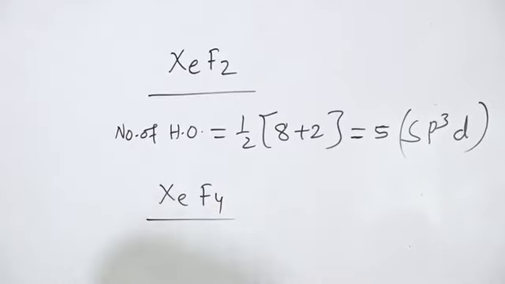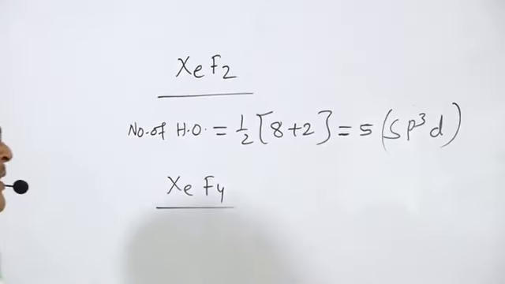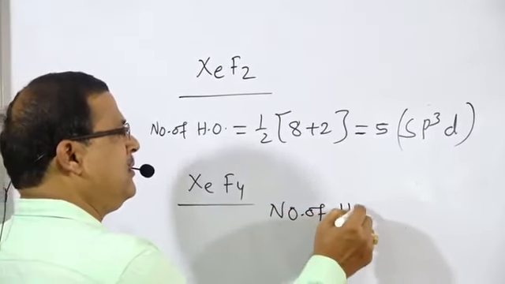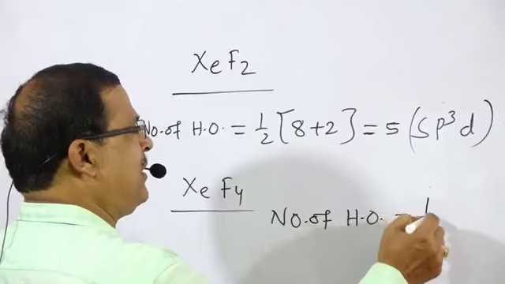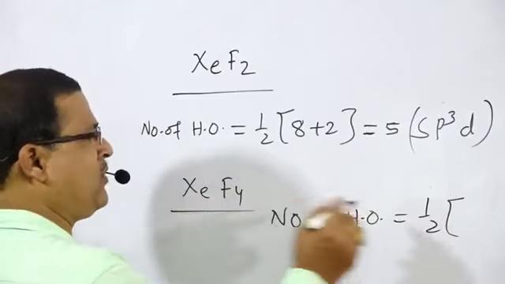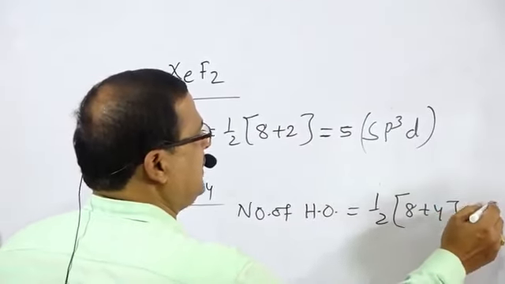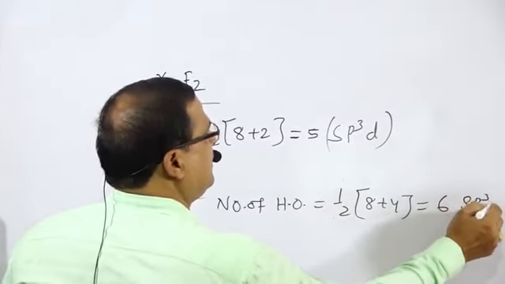Xenon tetrafluoride, number of hybrid orbitals is half of 8 plus 4, that is 6, so sp3d2.